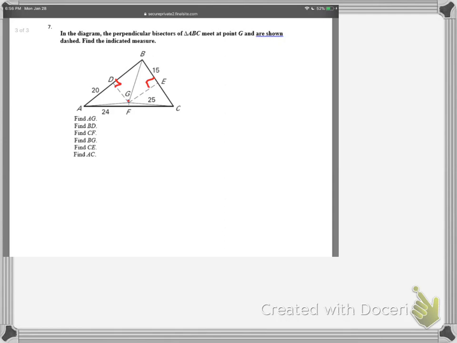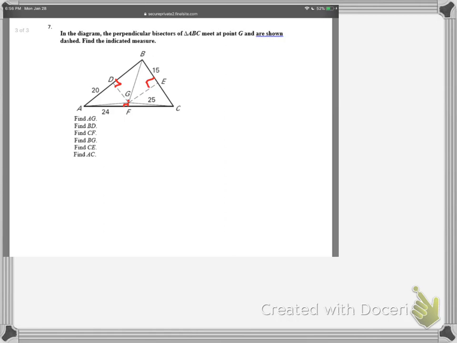It's just a little bit too small for me to mark a right angle, so I can make it a little bit bigger. Let me try this. I will put a little box right there, because that's another right angle.